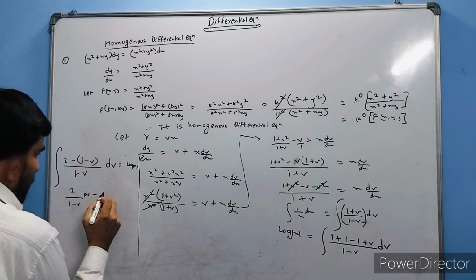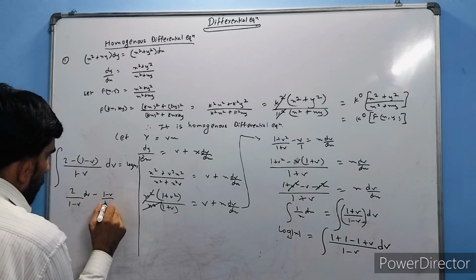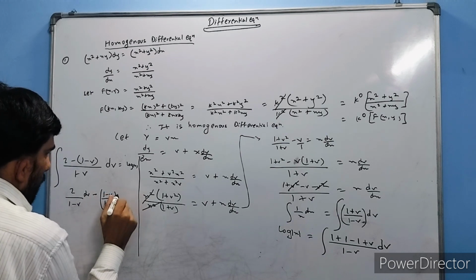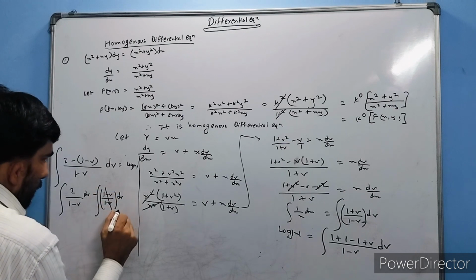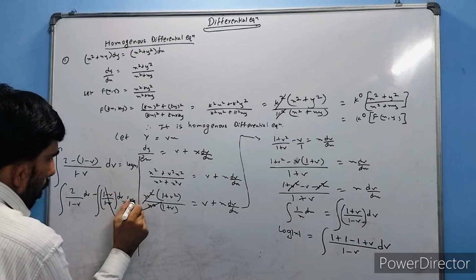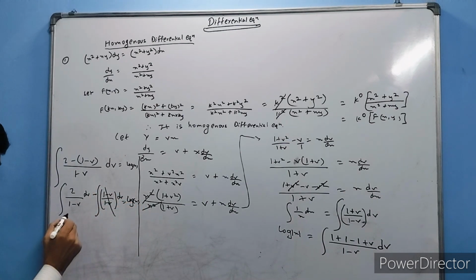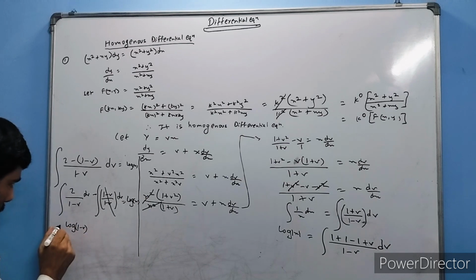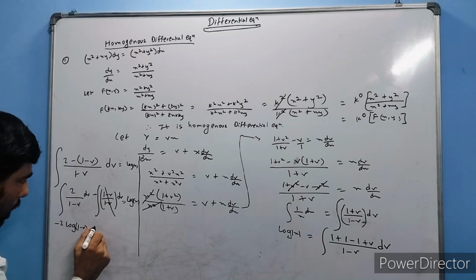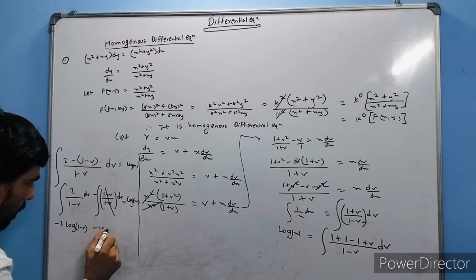After separating, I get 1 minus v upon 1 minus v, we have dv, and this we can integrate, equal to log of x. Now what I got here, you can take log 1 minus v, we have minus, and we have minus v, is equal to log x.